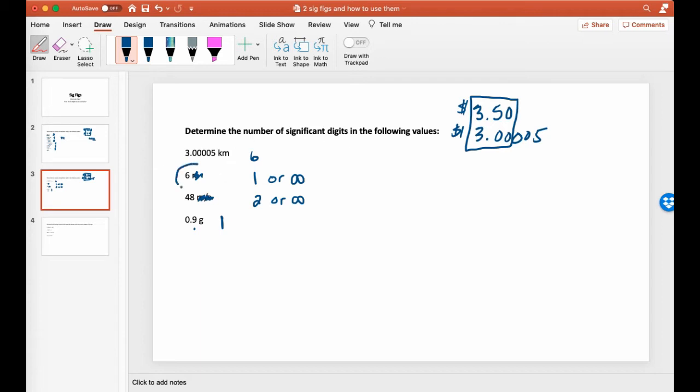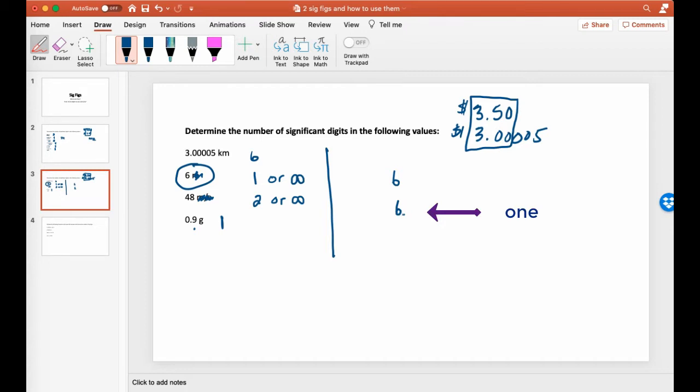So let's use this one as an example first. I'm going to just do some work over here. So we've got the number 6. Well, that's one number. So if I had 6 with a decimal, and that's it, I would say this is 1 or infinite, and I would say this is 1.